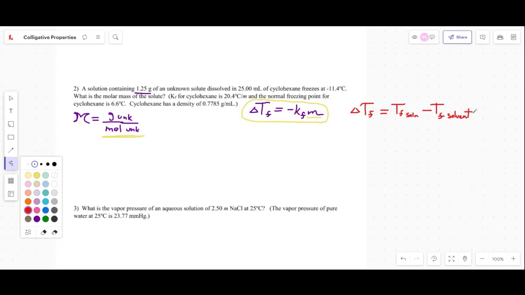So the delta TF here would be, what's the freezing point of the solution? What do you think? To me, it's negative 11.4 degrees Celsius. Very good. Negative 11.4 degrees Celsius. What is the freezing point of the solvent? That'll be 6.6 degrees Celsius.